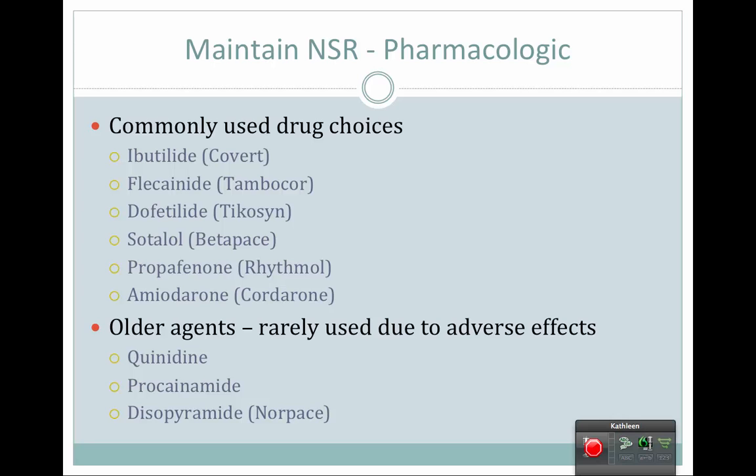Multaq, which is dronedarone. This is a non-iodinated derivative of amiodarone.